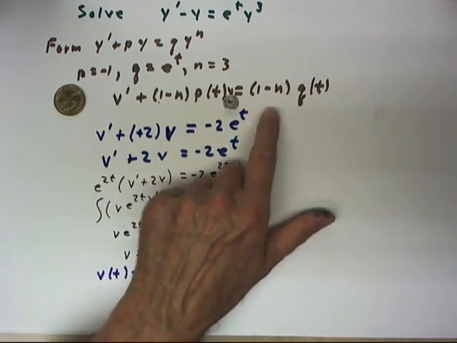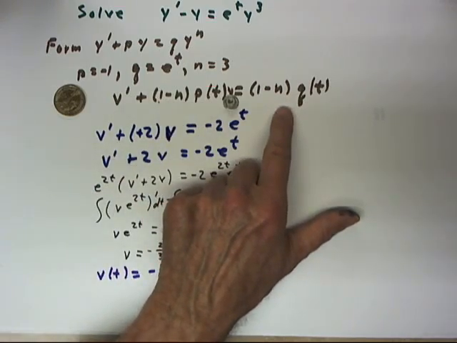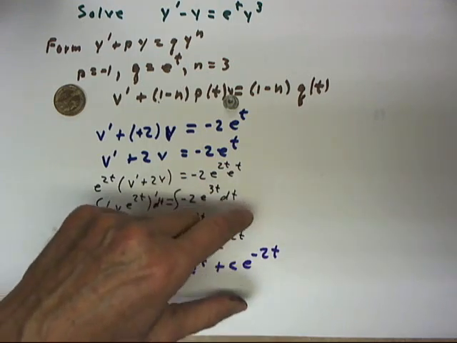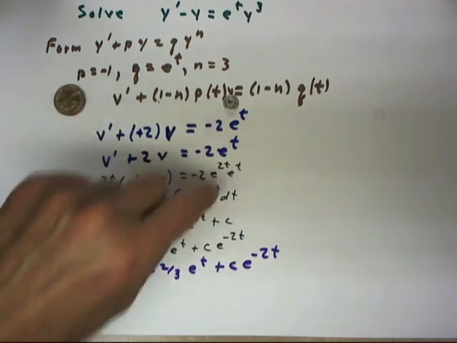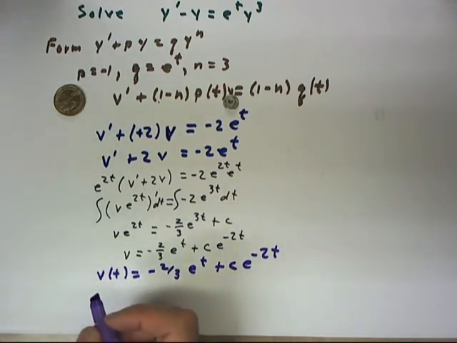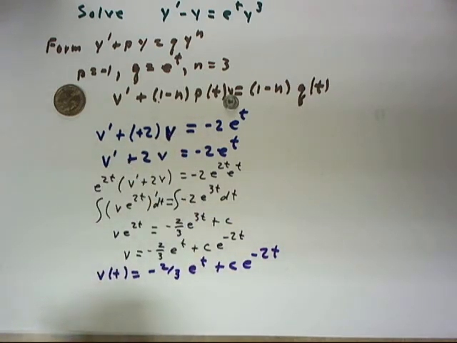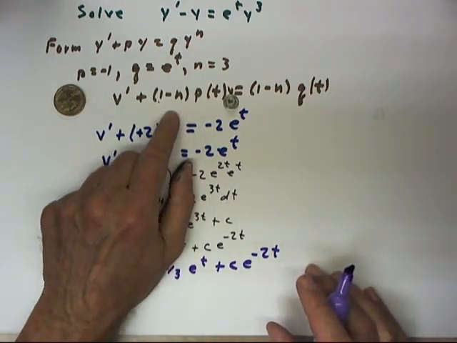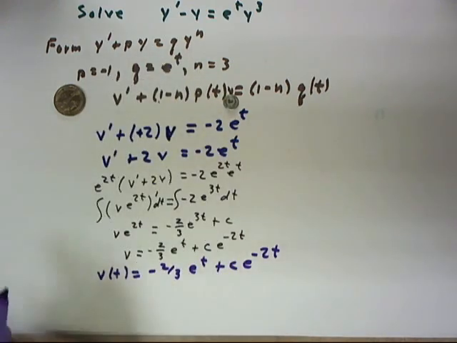We've encompassed the step where we see that m has to be negative 3 in order to reduce this to the form of a linear homogeneous equation. But we probably should have identified that step up here where m was equal to 1 minus n.